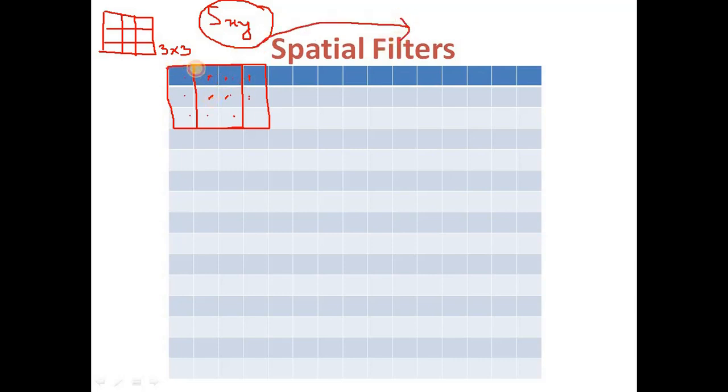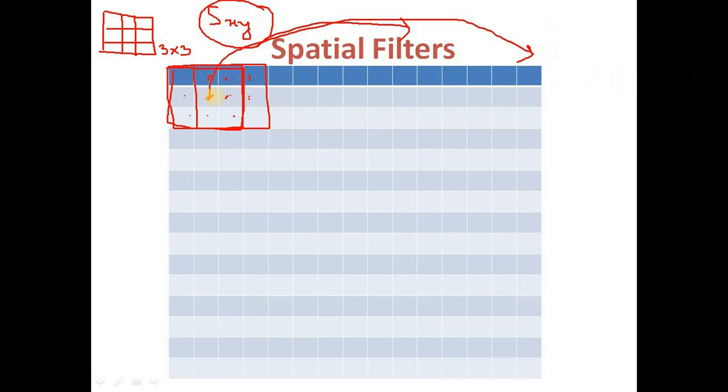For this position of the kernel, the expression for spatial filtering works on all these 9 intensities. The spatial filter expression is a function of these 9 intensities, and it calculates a single intensity value that is assigned to this coordinate of the resulting image.